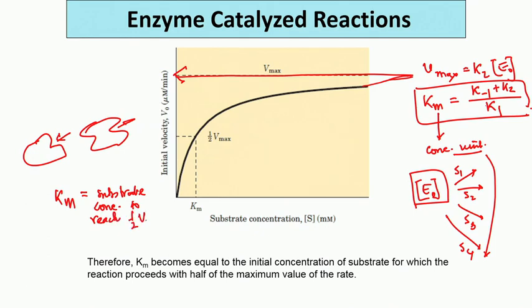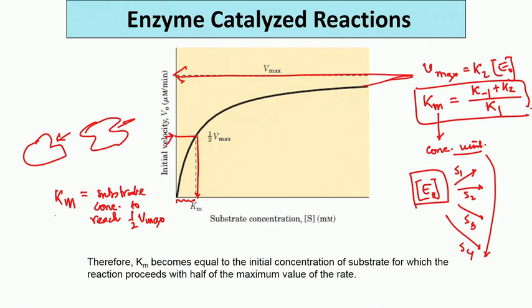Once you know the V max, you see what is half of V max. Now you draw a line here and see what the value is on the x axis. That gives you the value of S equal to K m. That is how you determine the K m.